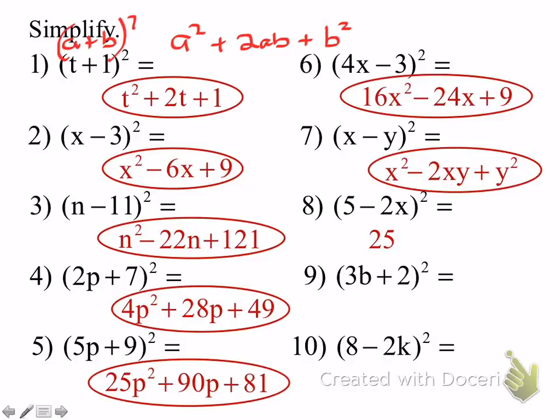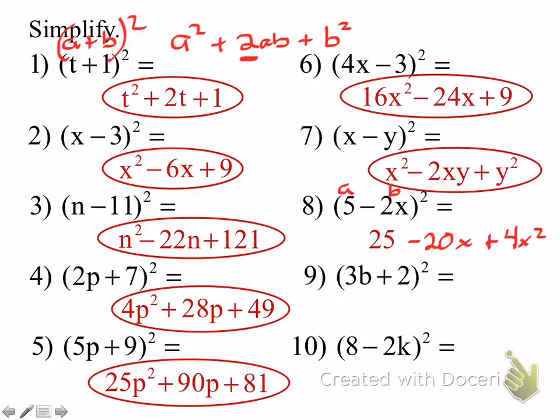So it would be negative 10x. What about this? We know that A is this, B is this, multiplying negative 10x times 2 is minus 20x. And then the last term is going to be plus 4x squared. Good.